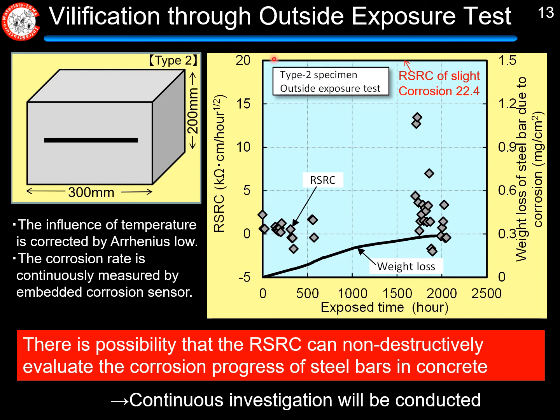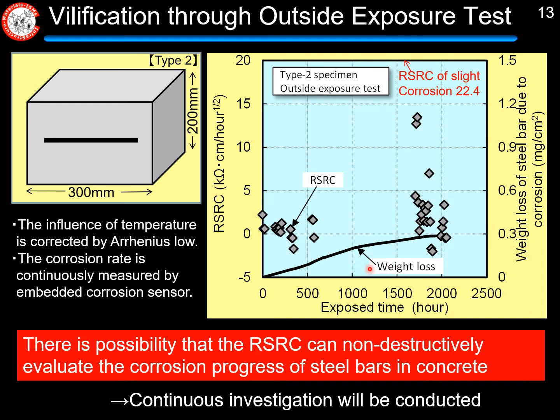The RSRC of slight corrosion is 22, so the obtained result is much lower, and it is considered that there is no corrosion and no cracking. And we also monitored the polarization resistance and calculated the weight loss of the steel bar due to corrosion during the test.